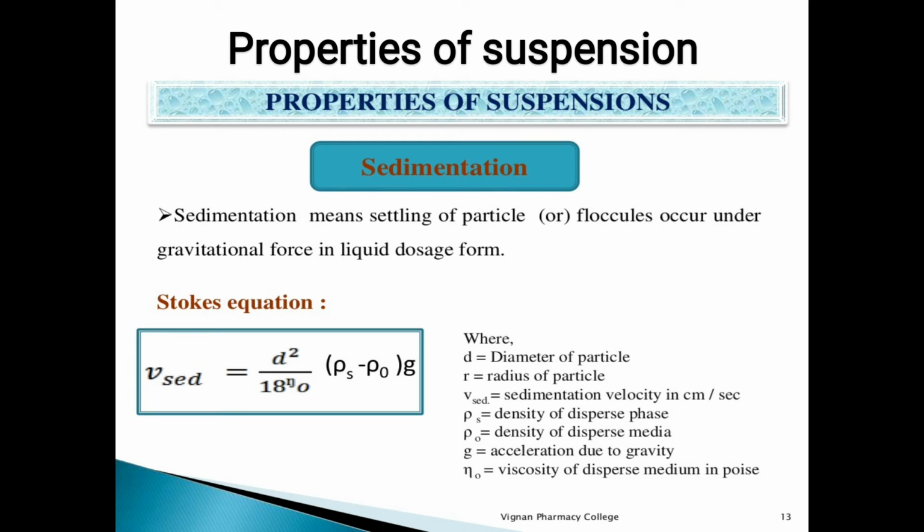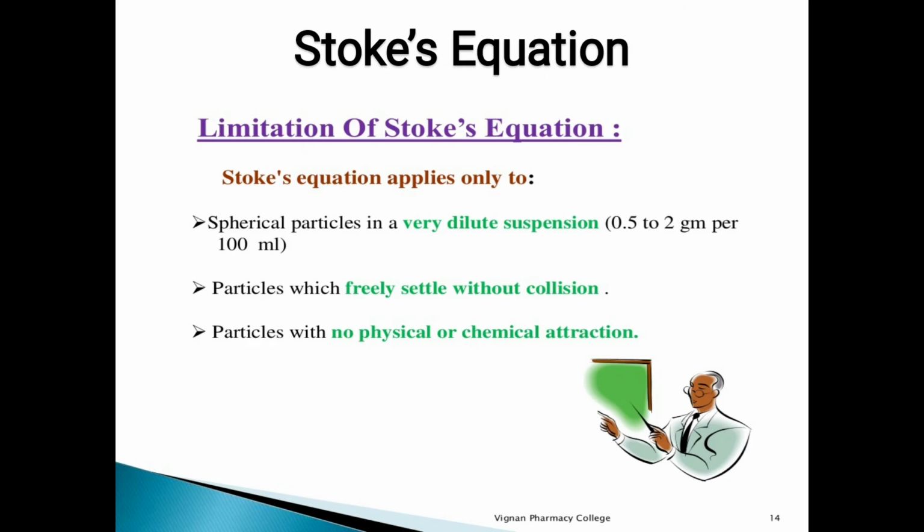So what is the d? It is the diameter of the particle. R is the radius of particle. V is the sedimentation velocity in centimeter per second. ρs is the density of dispersed phase, ρ0 the density of dispersion media, g the acceleration due to gravity, and η the viscosity of dispersion medium in poise.